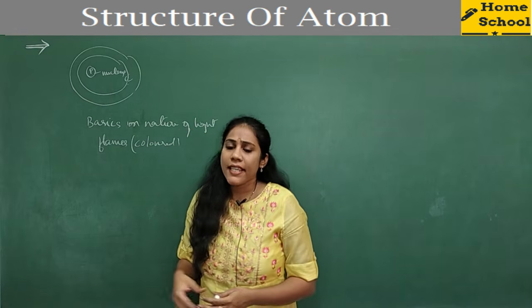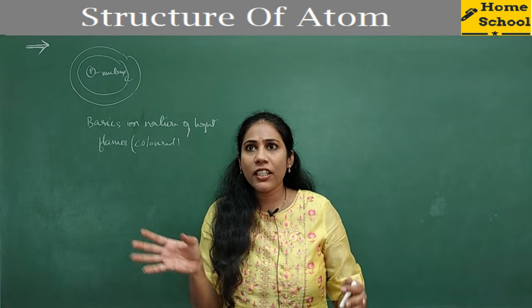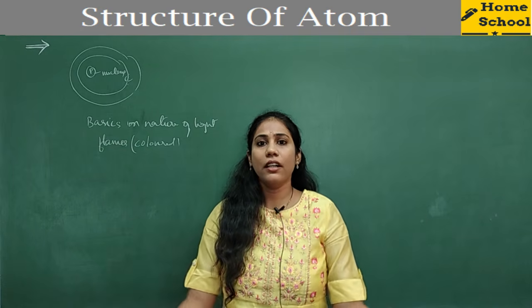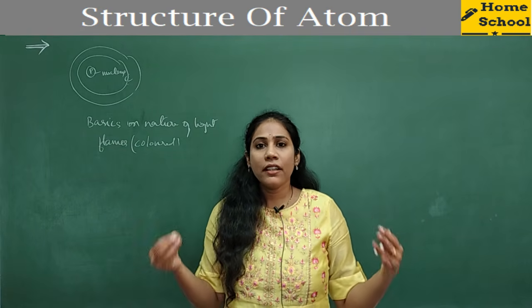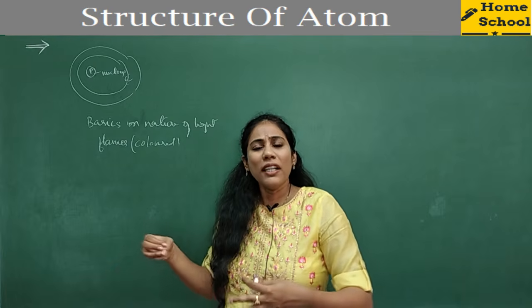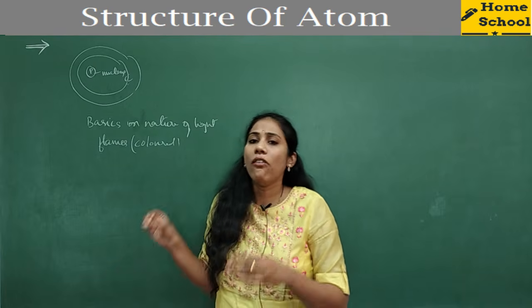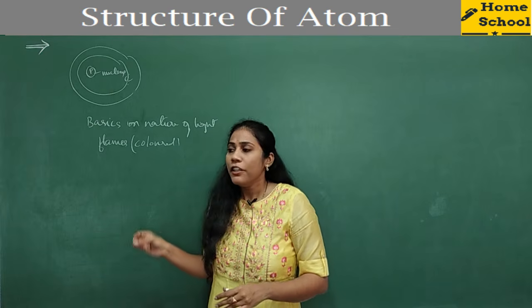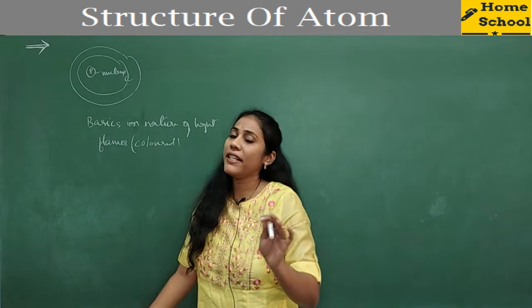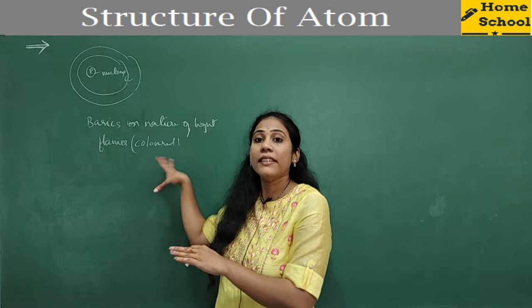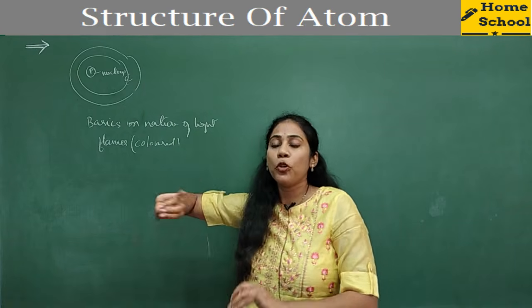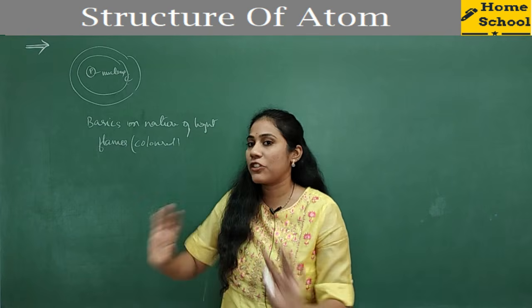Yes or no? Say for Diwali, whenever you crack the crackers, you observe different colored flames, right? And different lights give you different colors. So what are these colored flames? How are we getting these colored flames? Some aspects about these things are very necessary to understand. And based on these concepts, Bohr has given his model. I mean, Bohr told something about the structure of atom.